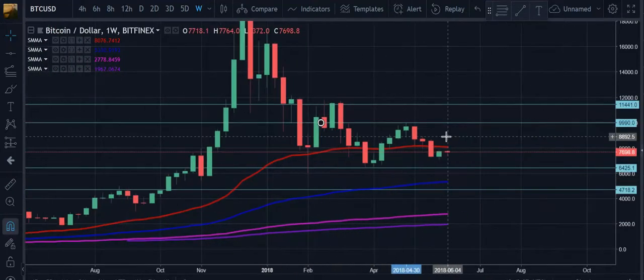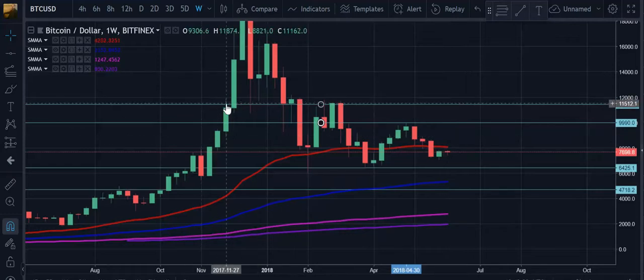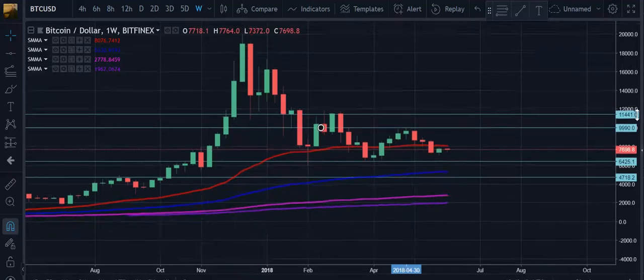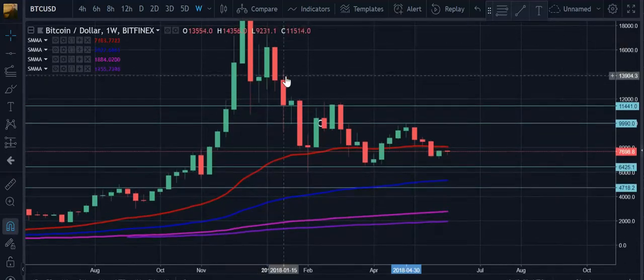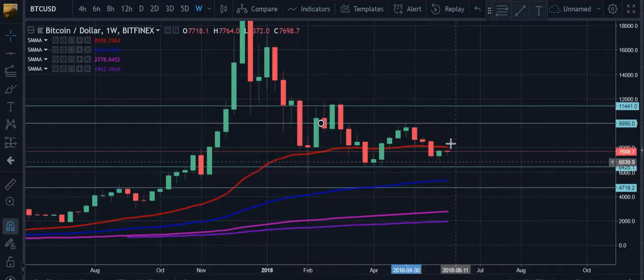Even if I don't know anything about TA, the Bitcoin broke it here, came back down, got support. Now I go long. Or here, between these two, I buy here, right? It went lower, then back up, I can sell here. And you can see how Bitcoin played between these 2 lines.